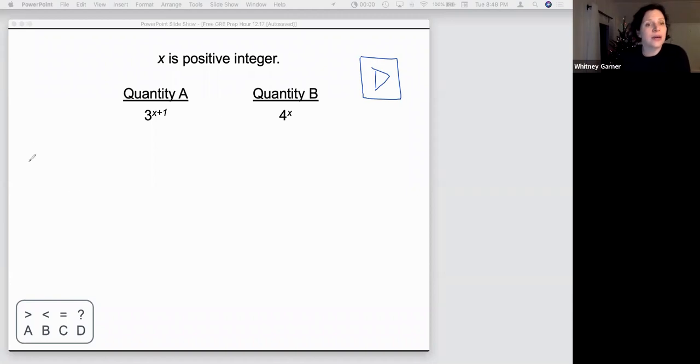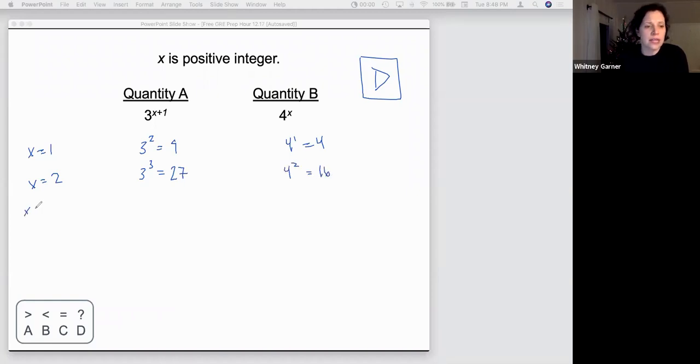So if the answer was D, we might go in and say, okay, well, I had already tested X is 1, so that would be 3 squared is 9, and then 4 to the first power is 4. And if X is 2, then 3 to the third power is 27, and 4 squared is 16.